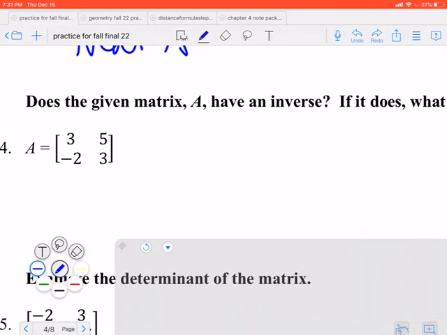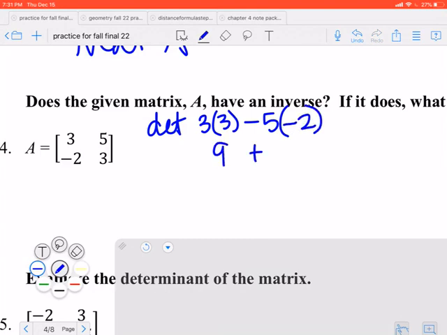What we have to do is find the determinant first. The determinant is multiply minus multiply. So 3 times 3 minus 5 times -2. 9 plus 10 is 19.